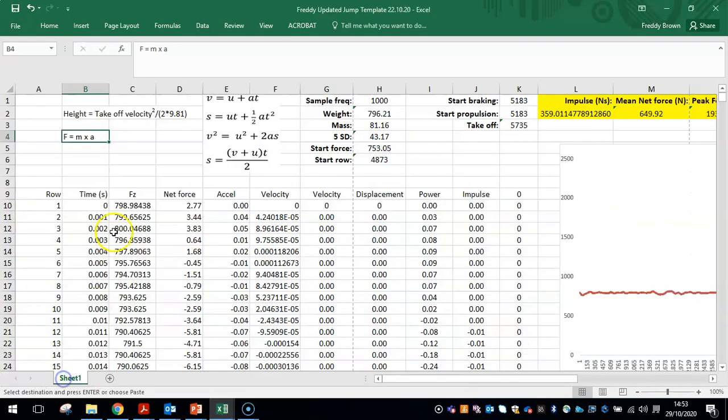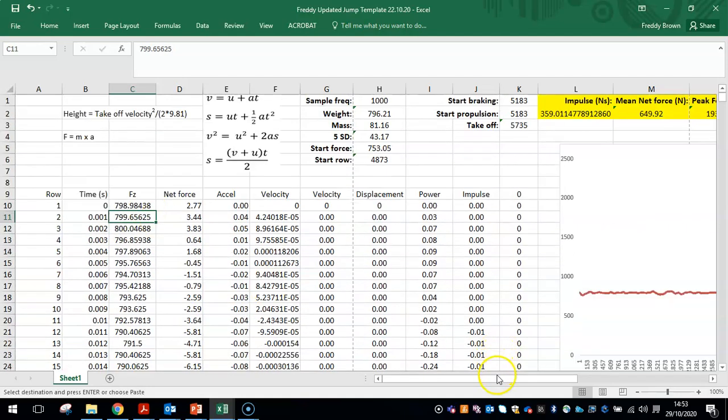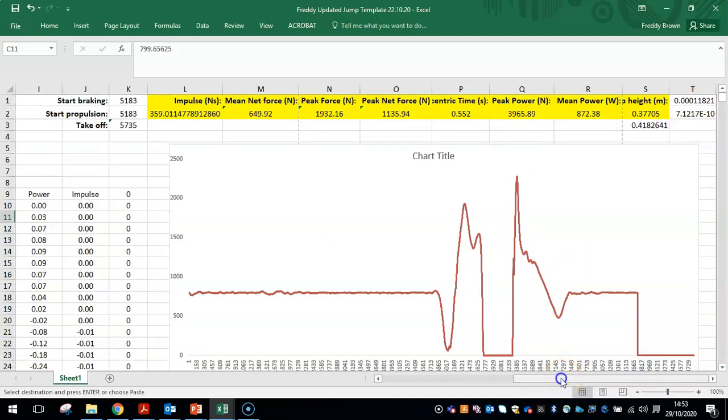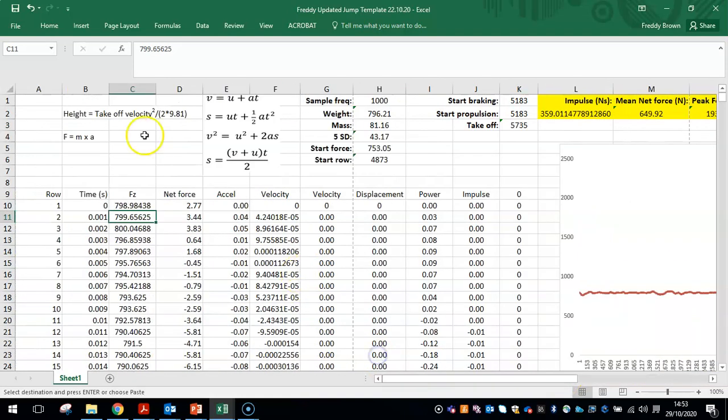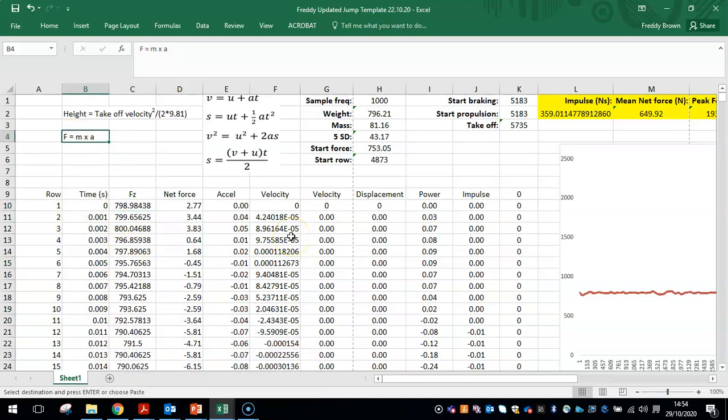Then if we put that information into this column, the FZ, the vertical force in the z-axis, we then have a force trace as shown by the same picture. To tell you where each of these comes from: force equals mass times acceleration.